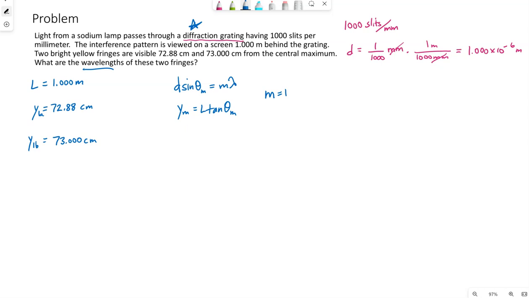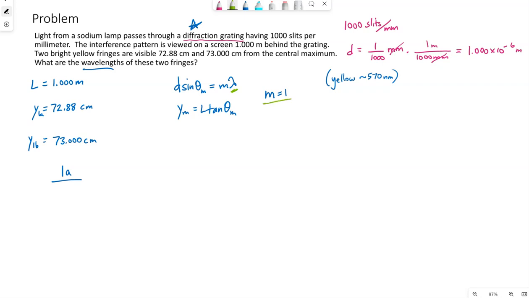If I look at the test notes, it tells me yellow is approximately 570 nanometers. If the answers I come up with for these wavelengths are not approximately that, then I need to try m equals 2 or m equals 3. All right, so for 1A, we're trying to get back to wavelength.